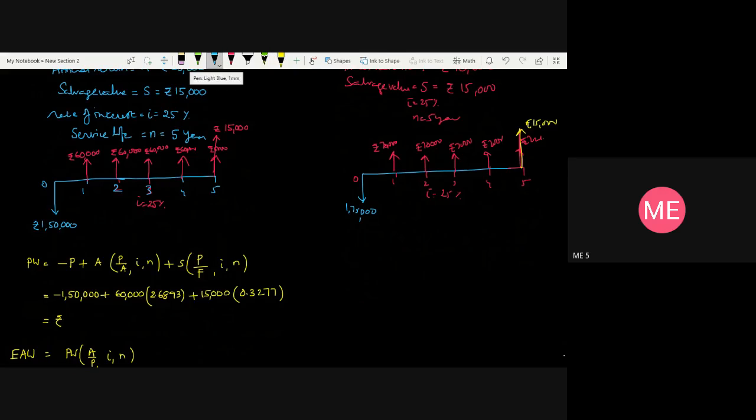Now I'm writing the equation. The present worth for the given cash flow diagram is minus P. This is also revenue dominated.